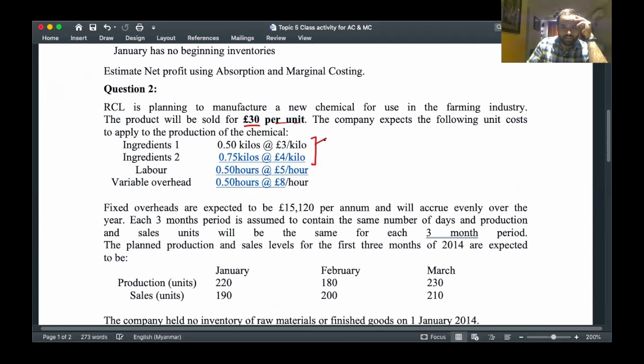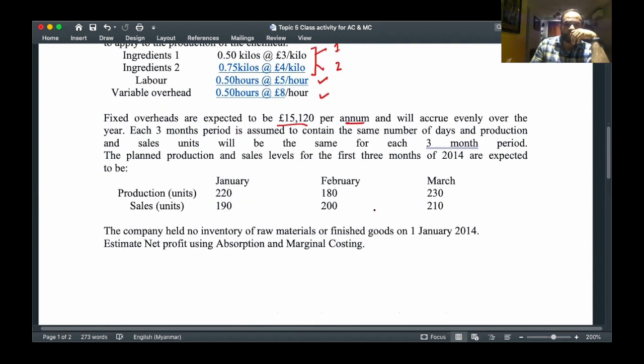It's your raw material. So we have raw material 1, raw material 2, right? We have labor, we have variable cost, we have a fixed cost, 15,120 per year, right? Some other information, and then finally, January, February, and March, production units and sales units. So now we need to calculate net profit using marginal costing, right?